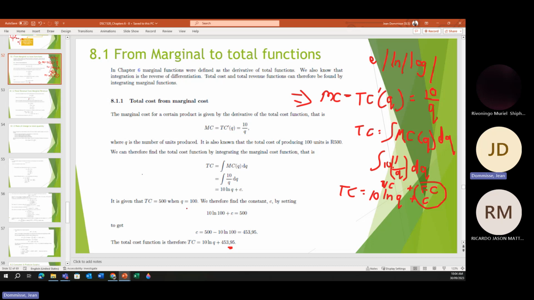I just thought I needed to work out this, and that's why I originally said to leave out the C. I was thinking that I'm going to need to do this.